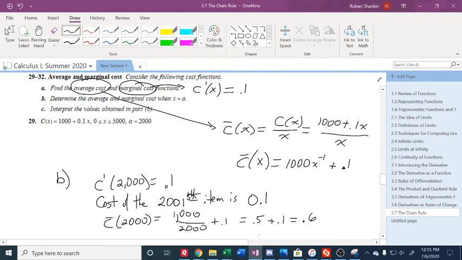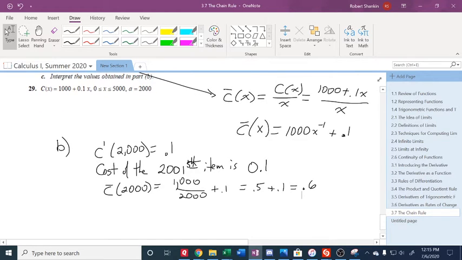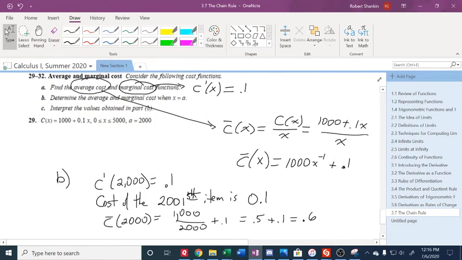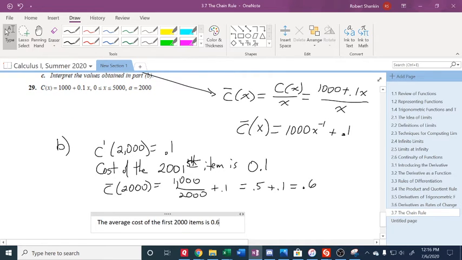So this is the average cost of the first 2,000 items is 0.6. Maybe that was in dollars, or who knows. Didn't really tell us. All right. Does that make it clear on 29? Any further questions there?